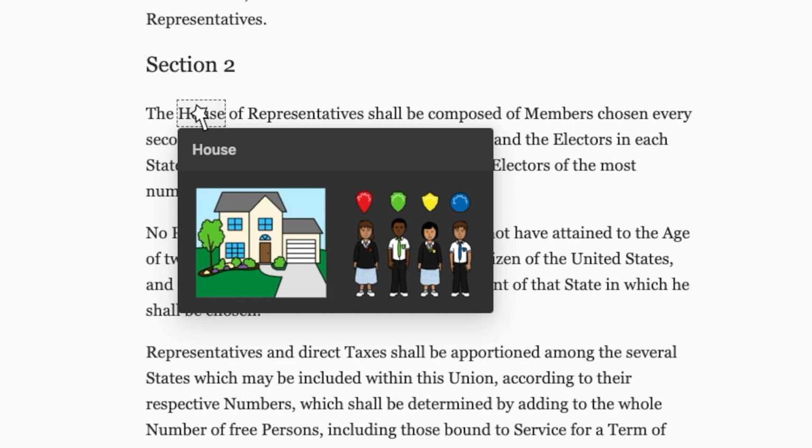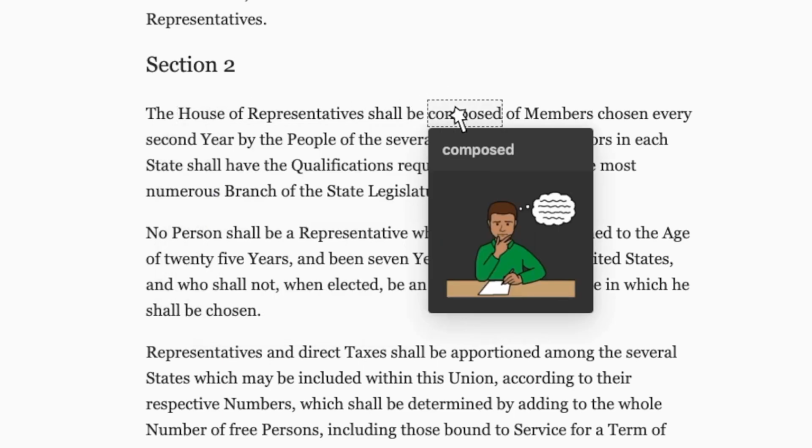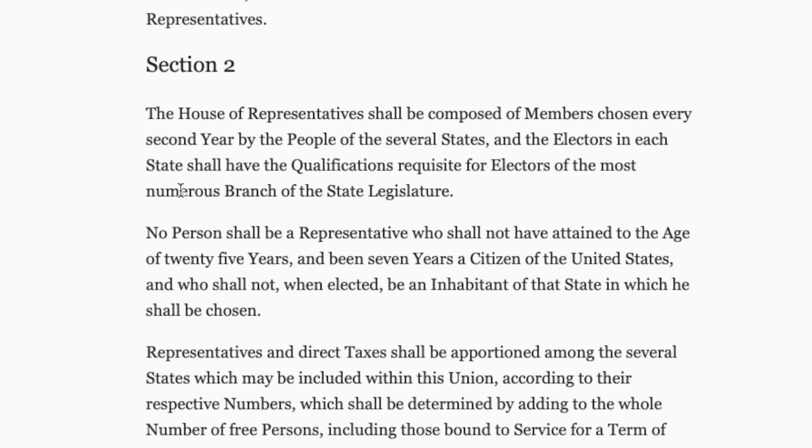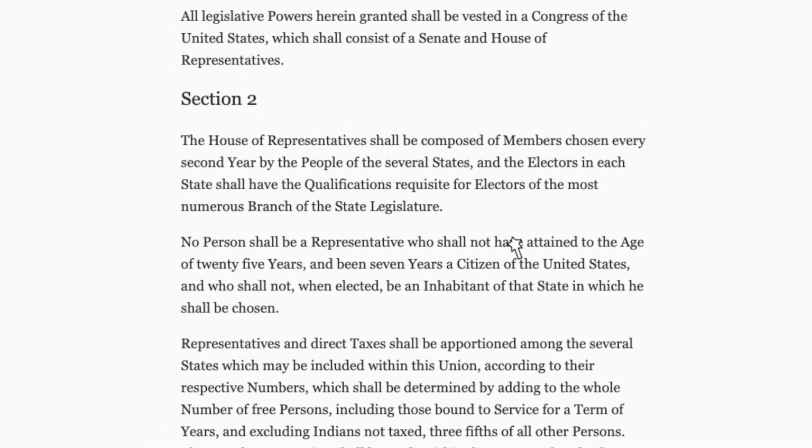So this one says house. Now, if I go over here to compose, you can see it gives me a representation of what that word is. Branch. So all you have to do is just move your cursor around on the document, and it's going to give you a representation of what that word is in a picture format.